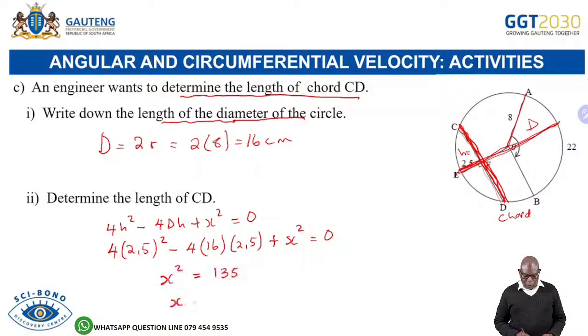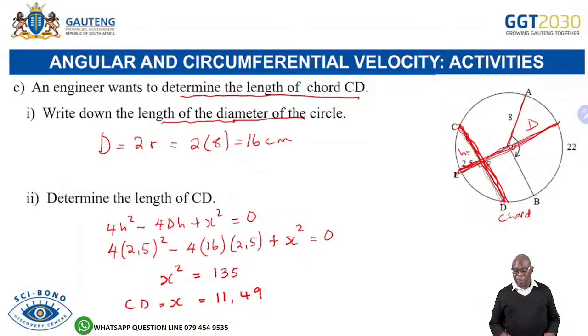So the x value will be the square root of that, it's 11,49. So therefore, the length of CD is 11,49. So from here to there, it's 11,49. This one is the diameter, it's 16, so it makes sense. My answer makes sense. The radius is 8, so my answer makes sense then. If my answer was more than 16, then I'll know, oh, there's something wrong, because the chord can never be longer than the diameter. Okay, right.